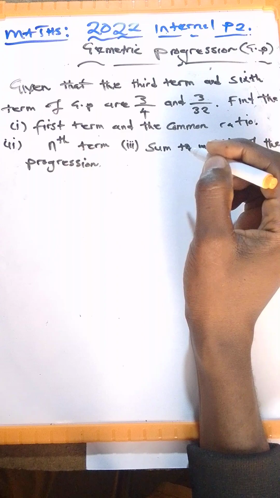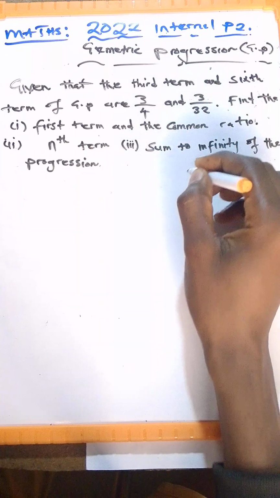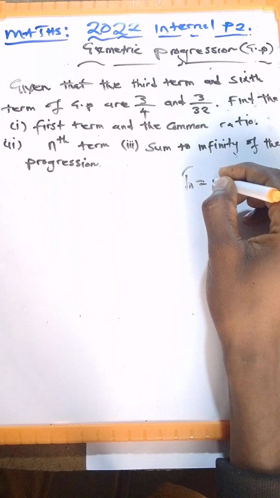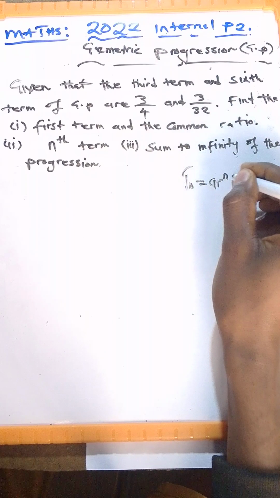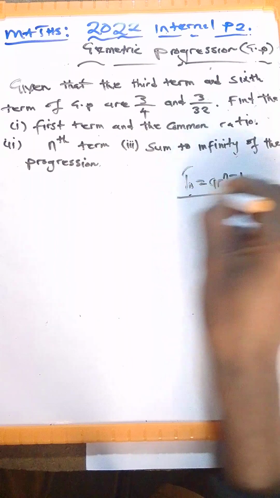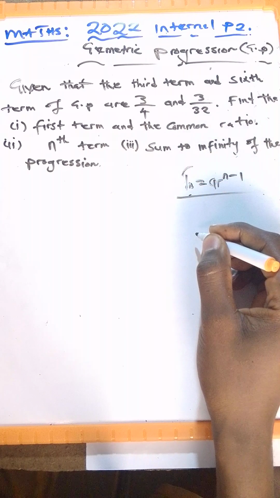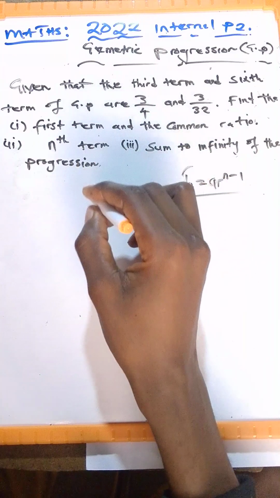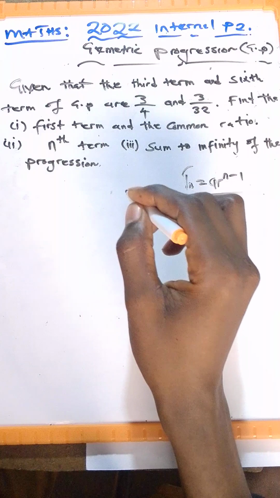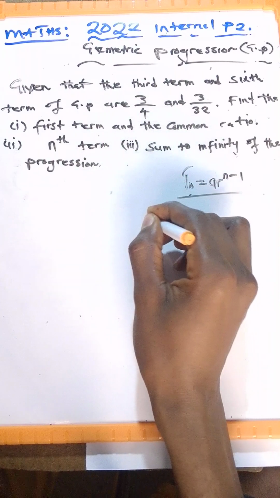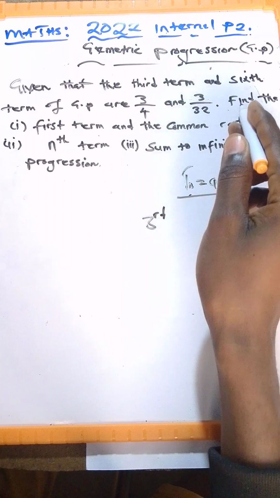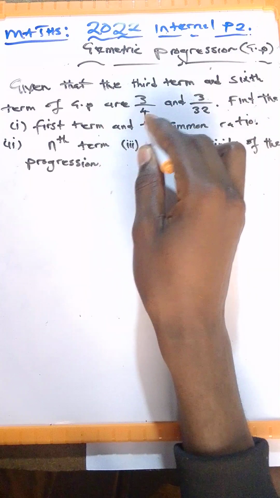So the first thing here, we need to understand the formula Tn is equal to ar to the power n minus 1. This is the formula which goes with GP, geometric progression. Now in the question, they are saying, given that the third term and the sixth term of the GP are these.